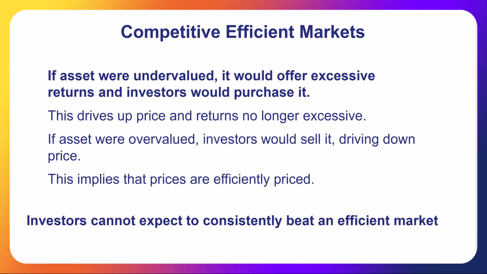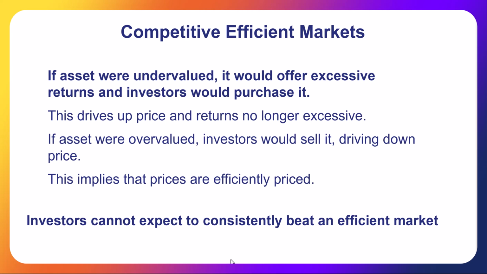So again, if we perceived that the asset was undervalued, we all would want to buy it. That drives the price up, and returns would no longer be excessive. If assets were overvalued, of course, investors would want to sell it, driving the price down. And this implies that prices are efficiently priced.